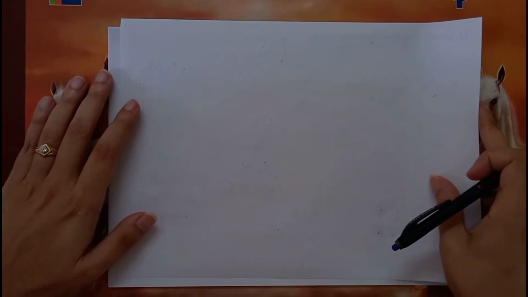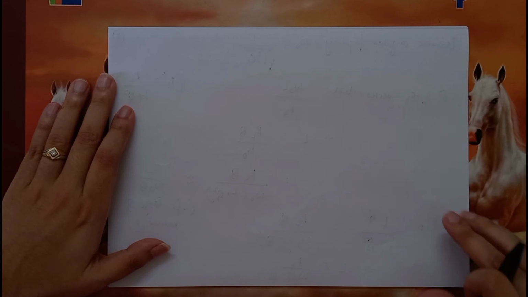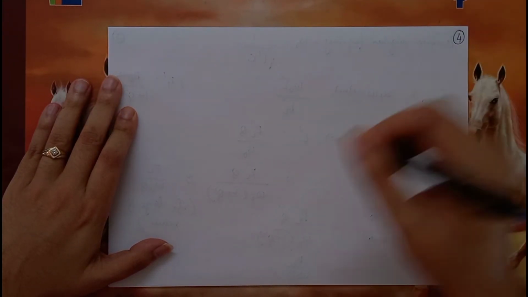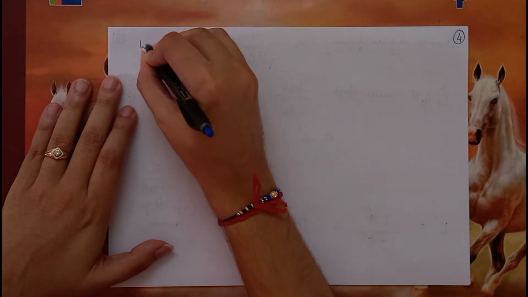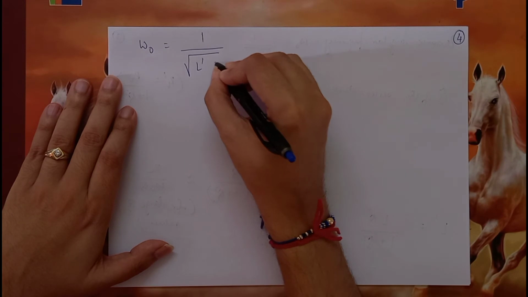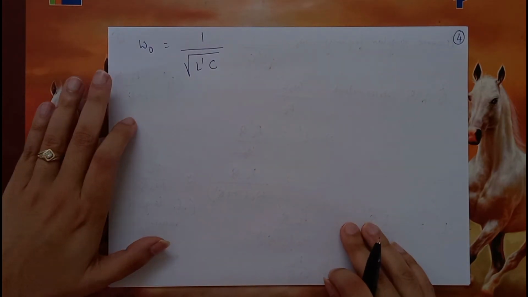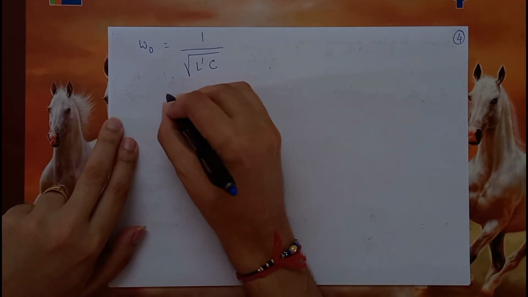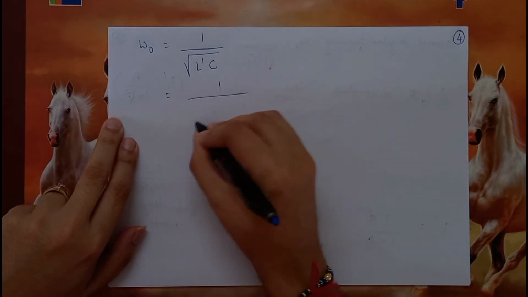Let's do that. So omega 0, the resonance angular frequency, is equal to 1 by root of L prime C. So let's substitute that.